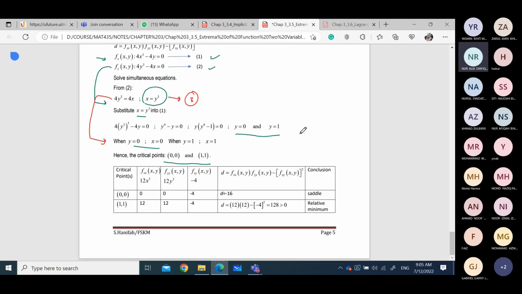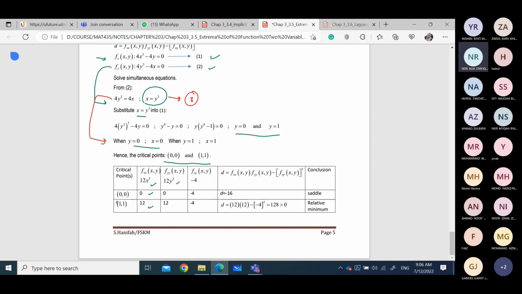Okay, so now we test these critical points based on the second order partial derivatives with respect to x, y, and the mixed order. For the second order derivative with respect to x, we have 12x squared. So the values at the first and second critical points will be 0 and 12. And the second order derivative with respect to y is 12y squared.